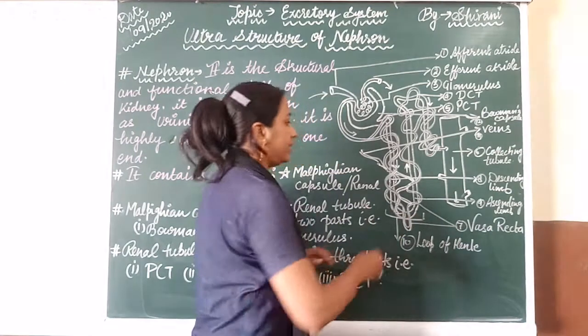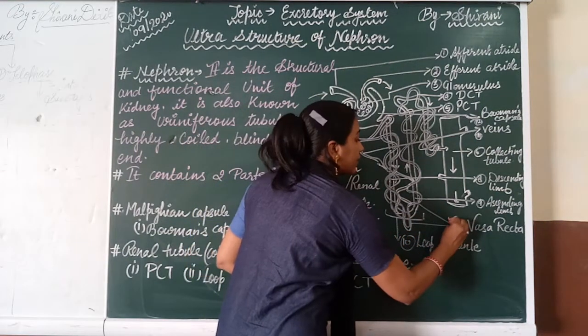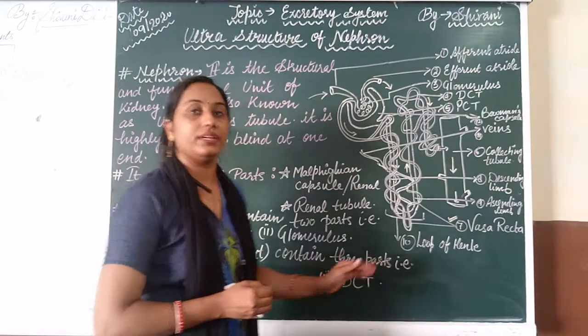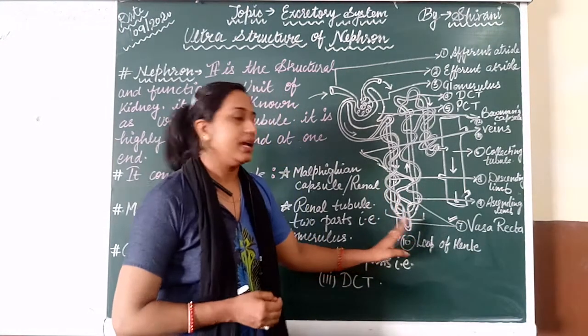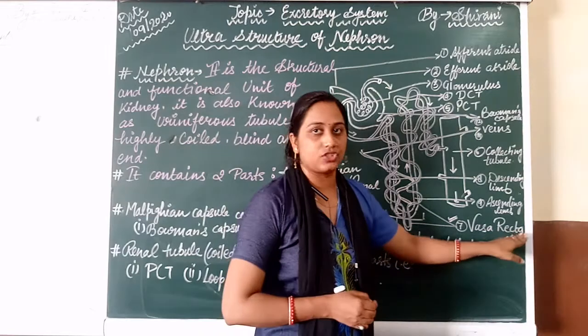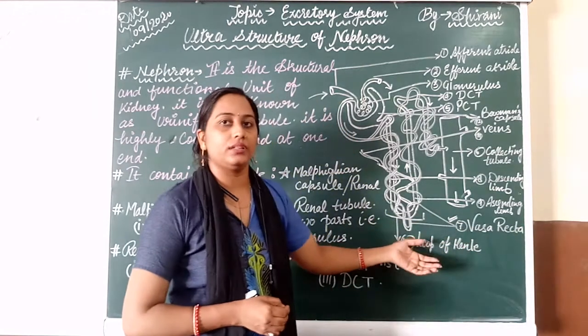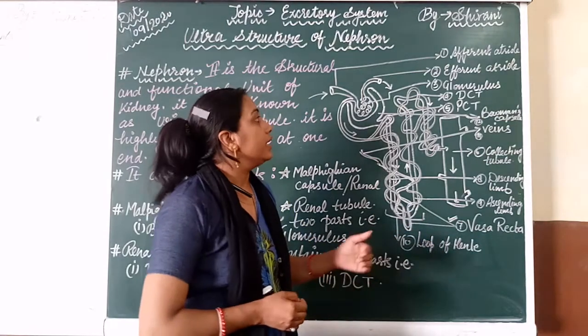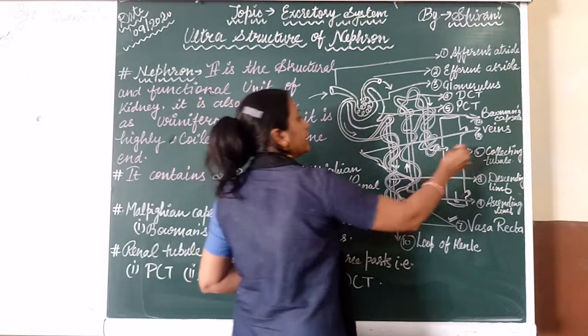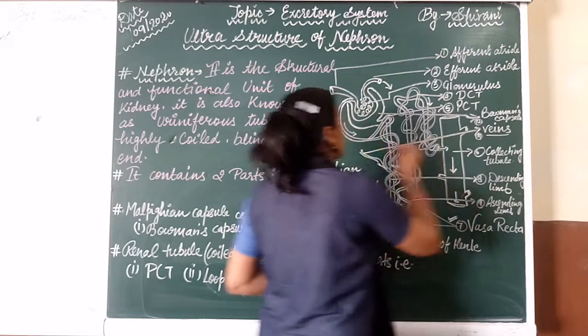Then after there will be point number 7. This point number 7 is actually the secondary knot of capillaries. It is known as vasa recta, and it also helps in the reabsorption processes. There will be part number 11. This is known as the veins.